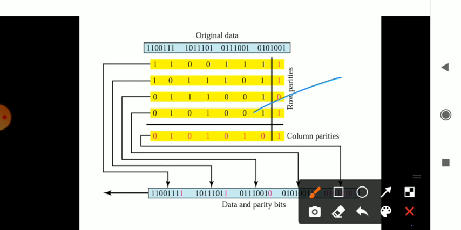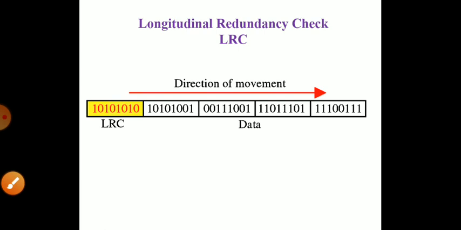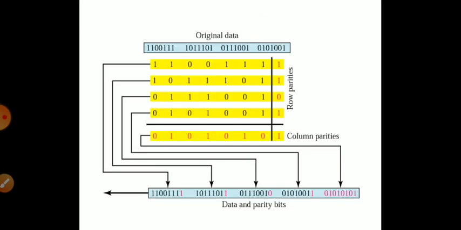VRC, LRC, nothing but vertical redundancy check and longitudinal redundancy check. So this is the aspect where you are checking the values, and you are doing the single parity check and two dimensional parity check. Okay, thank you.